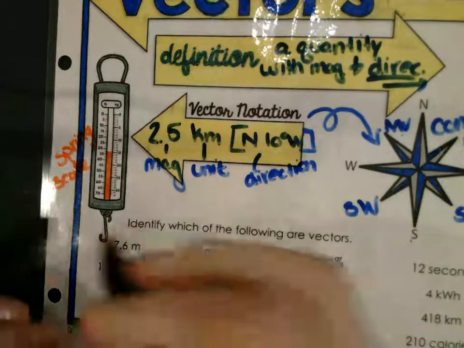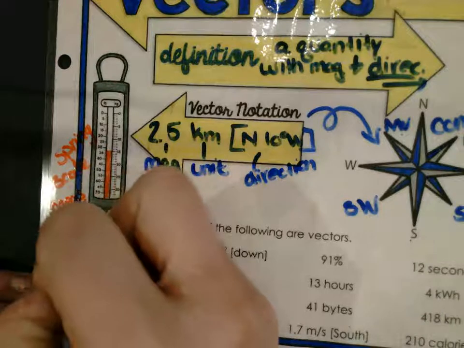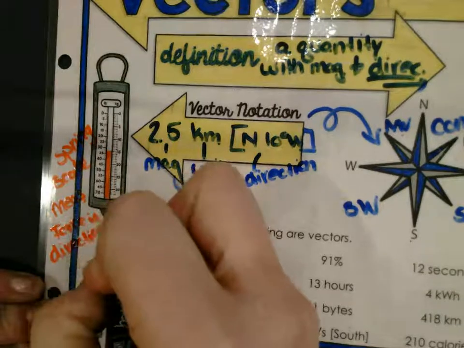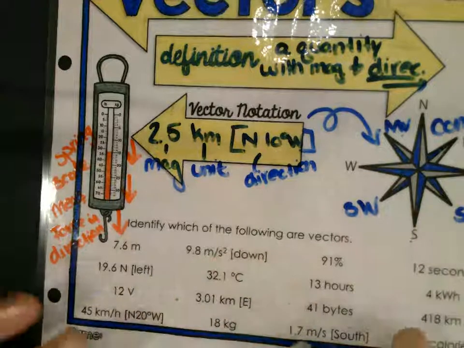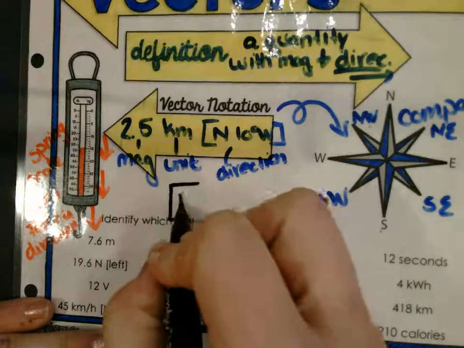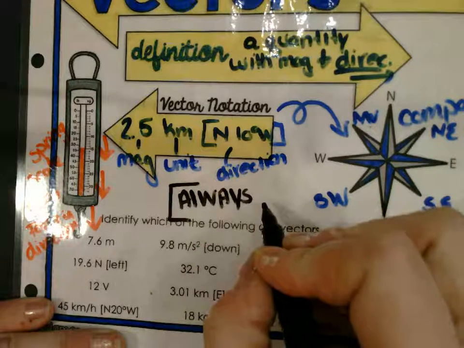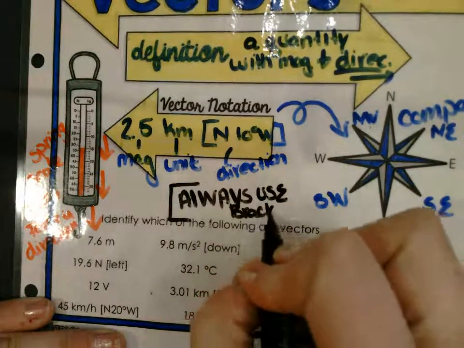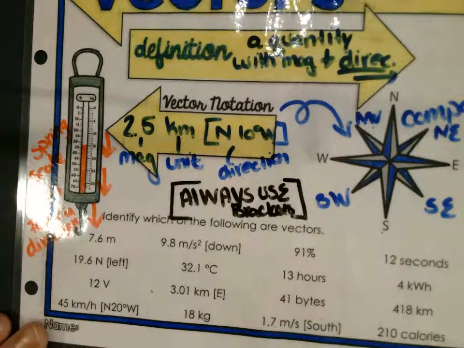And it's going to measure the force in a direction. And for this instance, it's measuring the downward force. The last thing you really need to know about vectors in your notes is you always use brackets. So those vectors are always going to go in brackets.